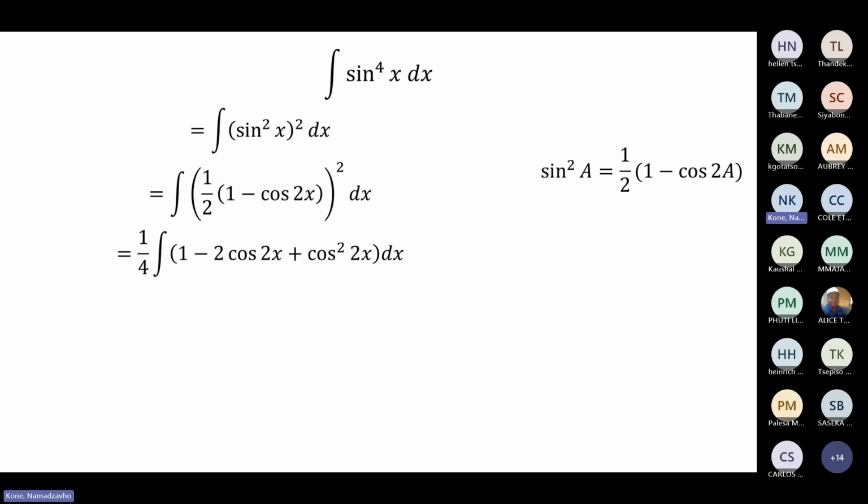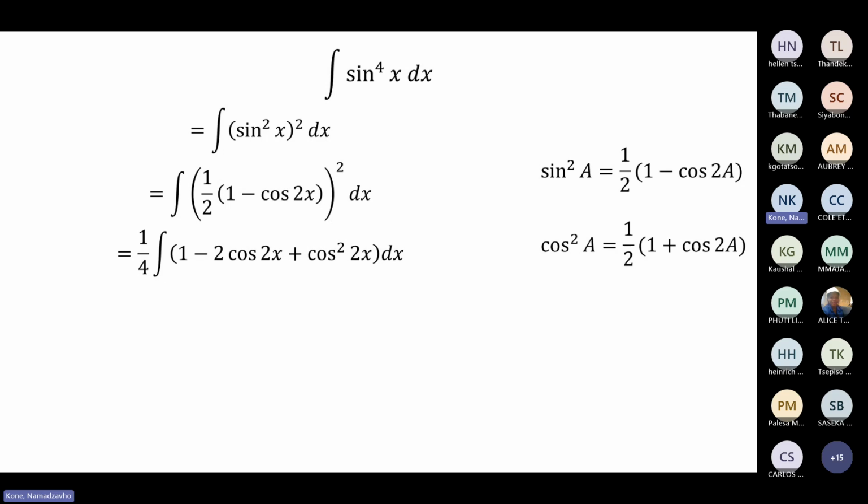Now, the only problem that we have in this integral is that cos squared, because it still has a square, and we can use the same kind of identity to remove the cos squared, so that we don't have a power or any exponent on the trigonometric functions, because only cosec and sec squared have integrals. Otherwise, the integrals are of trigonometric functions with power 1.